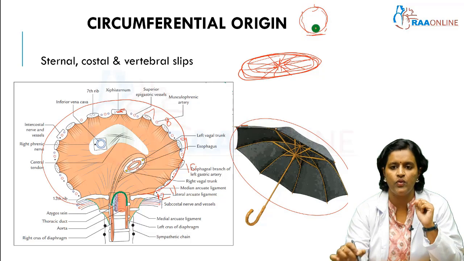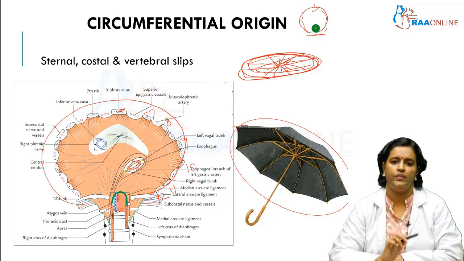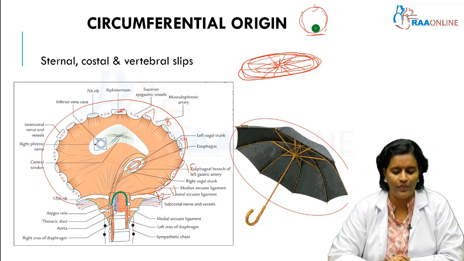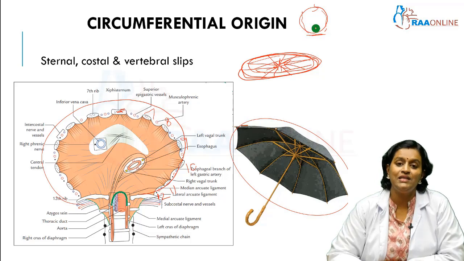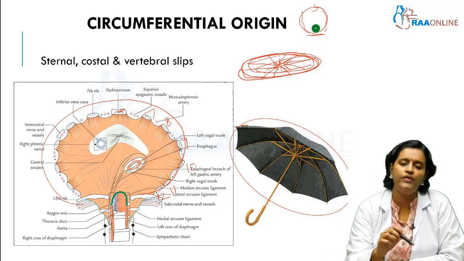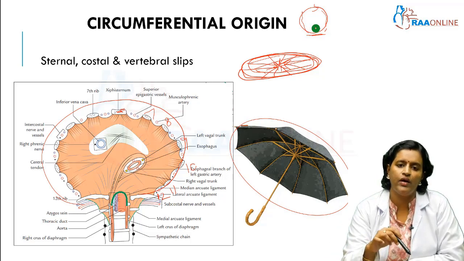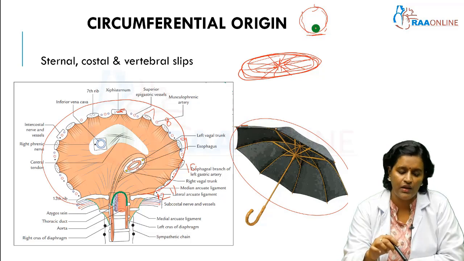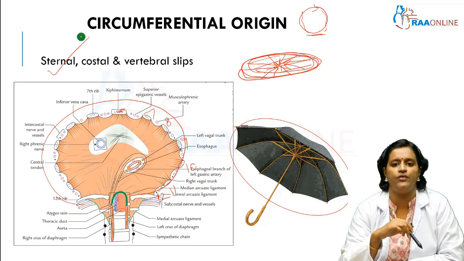And what is there posteriorly? There is the vertebra, the vertebral column. Some of the vertebrae also give origin or have the attachment of diaphragm. So, what are these slips called? The part of diaphragm which takes origin from the sternum is called the sternal slip of diaphragm.